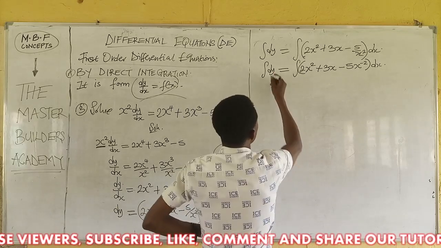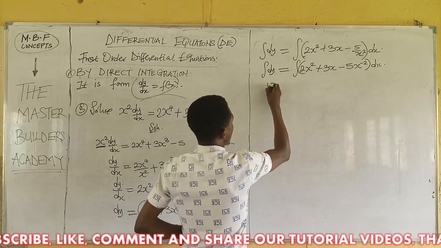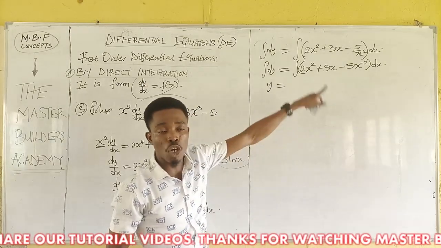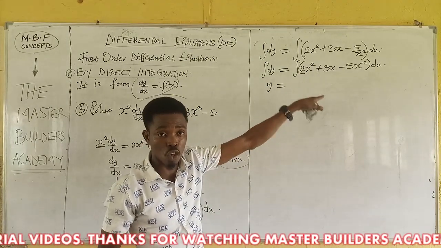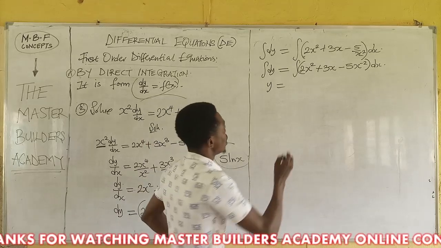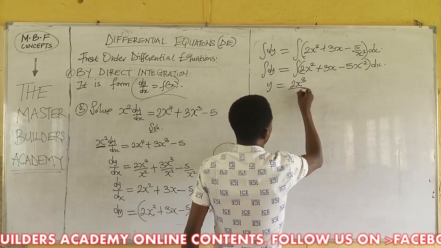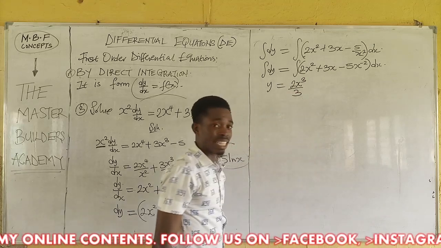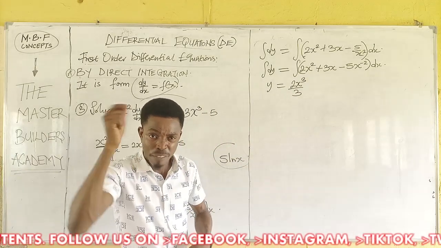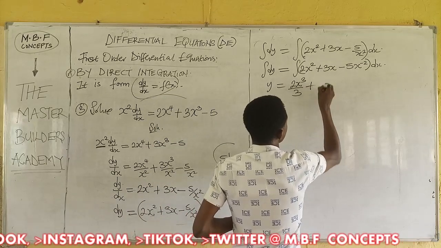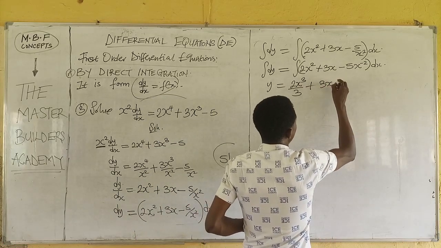Now guys, what's the next thing we're going to do? When we integrate 1 dy, we are going to have y. When we integrate 2x squared, you increase that power by 1, which gives 2x to the power 3, all over 3, because that is the new power. You divide by the new power. Then plus 3x to the power 1.